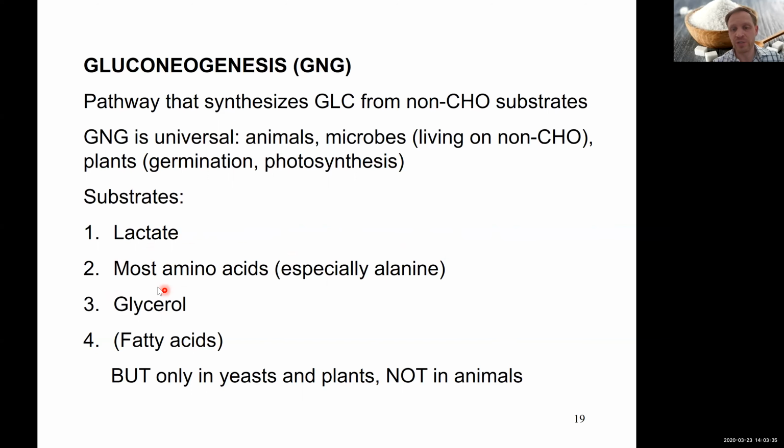And then fatty acids, again, coming from the breakdown of fats, are a special case. They can be used, but only in certain organisms. Yeast and plants actually can do this. Animals cannot. We do not have the enzymatic capacity to bring about the net conversion of fatty acids into glucose through gluconeogenesis. But these other substrates here, we are capable of doing.